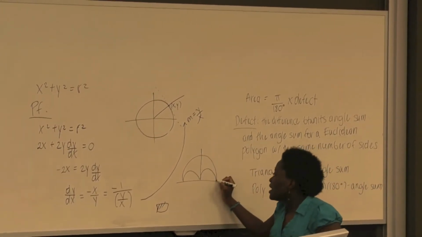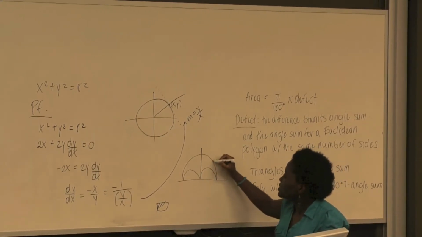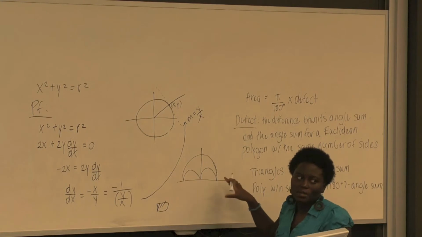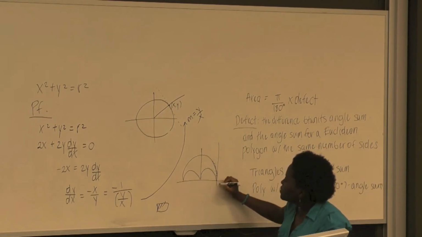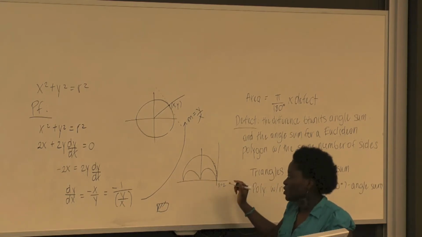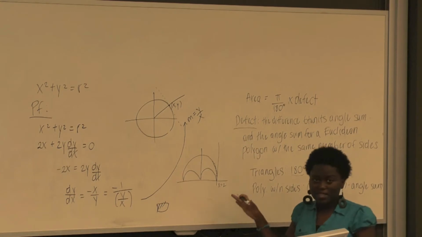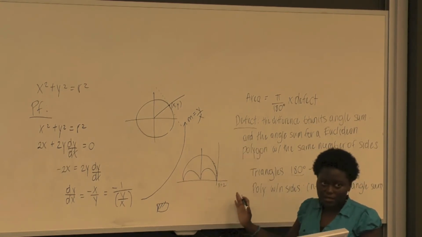So at this point right here, the tangent line to this semicircle would just be the vertical line x is equal to 2. Does that make sense why that is? Right? Yeah. So the circles are tangent to the x-axis, right? So the tangent line would just be the vertical line x is equal to 2, right?